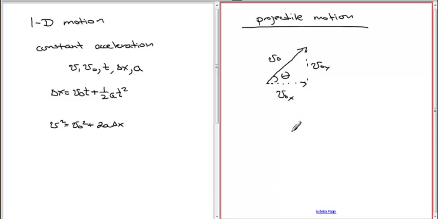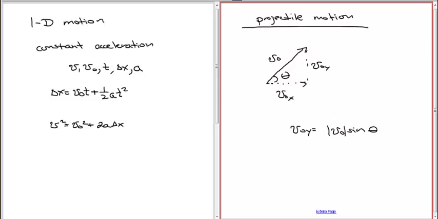Therefore, just from trigonometry, we know that v0y is equal to, and you've got to be a little careful on the sign, the magnitude of v0, the length of that vector, times the sine of theta.